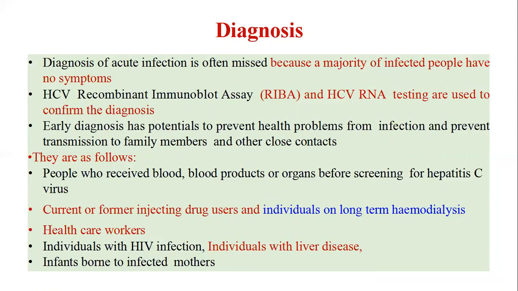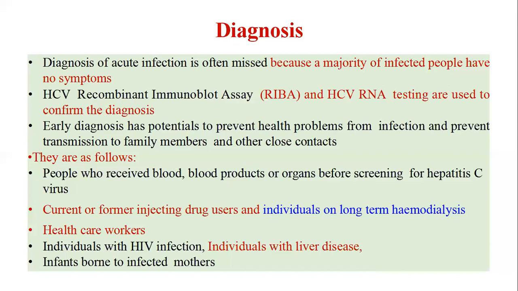Early diagnosis has the potential to prevent health problems and eventually the development of cirrhosis or HCC. But the main thing is you can prevent it, or if you have identified that this person has developed HCV infection, then you can go for the following.